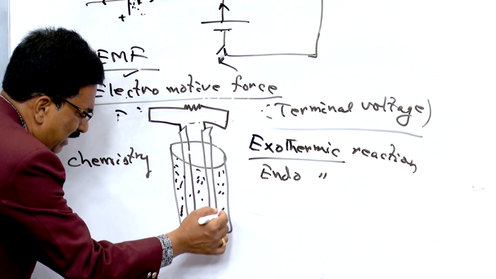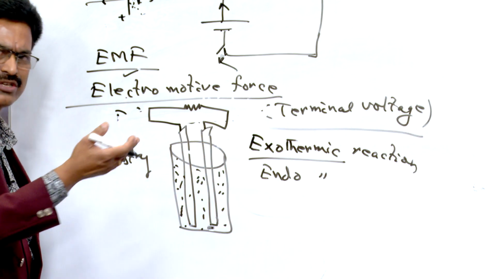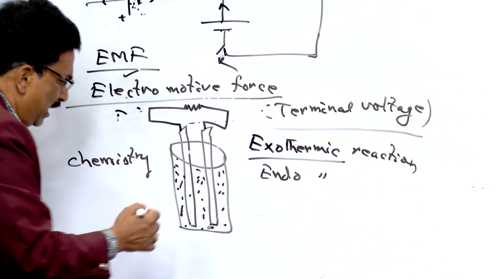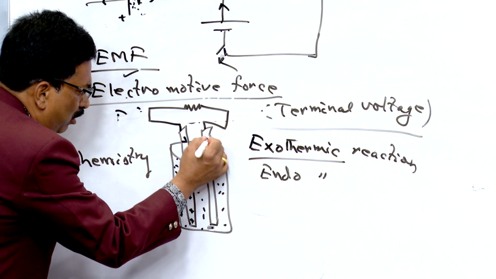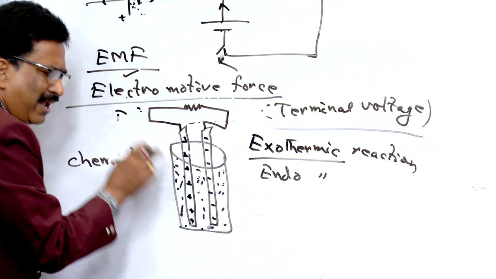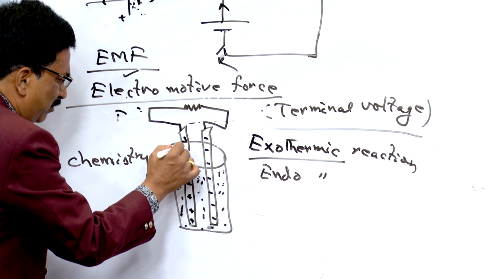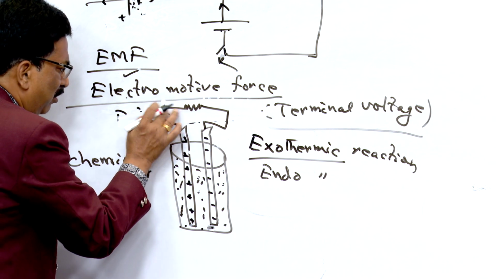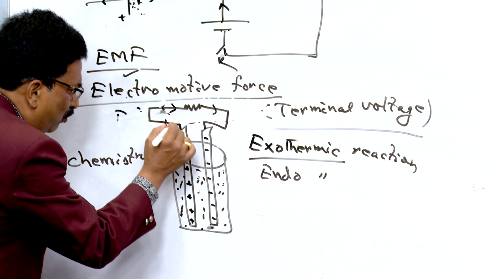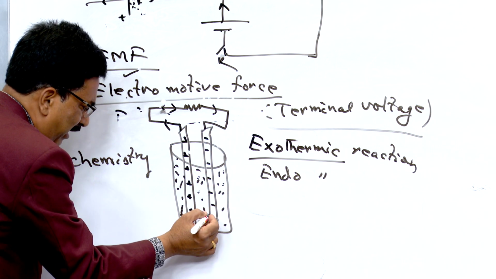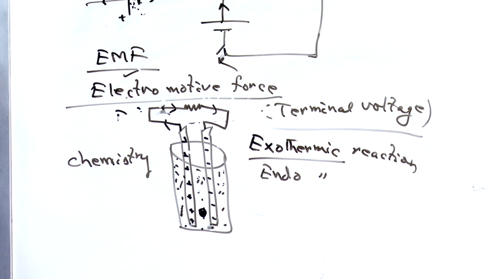Due to these electrochemicals present inside, they together make the exothermic reaction, meaning they produce energy, and that energy is able to store the positive ions in one electrode and the negative ions in the other electrode, and the flow continues from the positive end to the negative end. When an electron is coming here, and if an electron is placed here, where will the electron go?